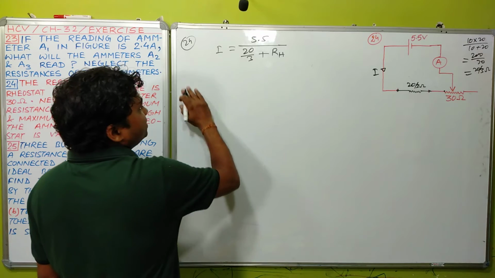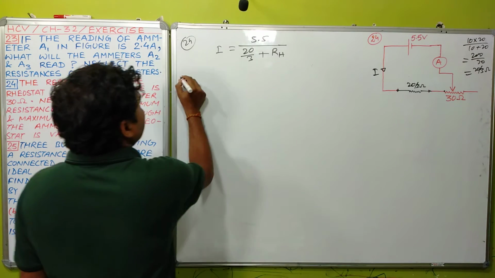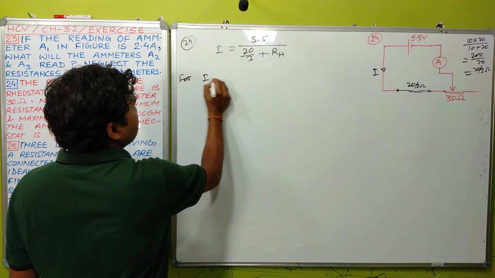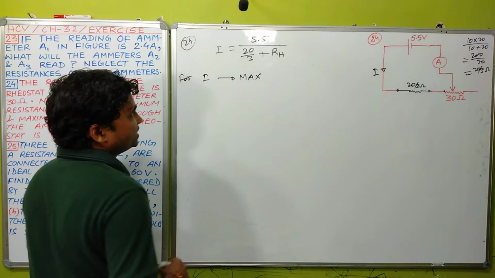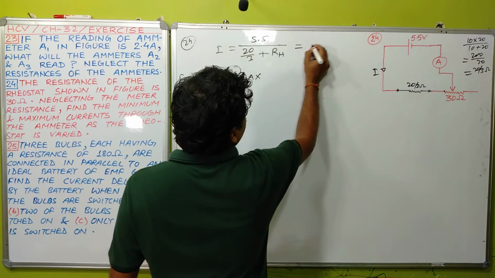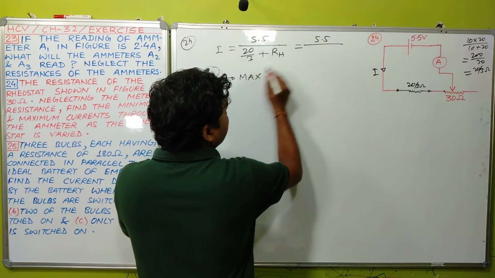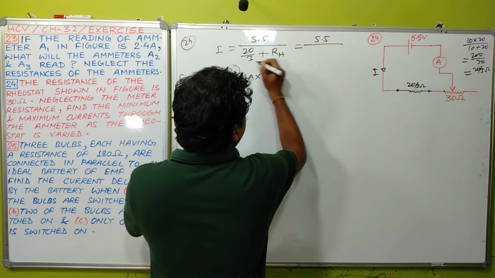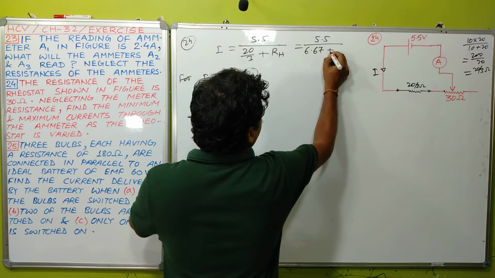Now we have to find the maximum and minimum value of this current. Now for I max, means for the maximum value of I, you can realize. Student, one more thing, we can write it in a simpler way like this. 20 by 3 becomes 6.67 plus RH.